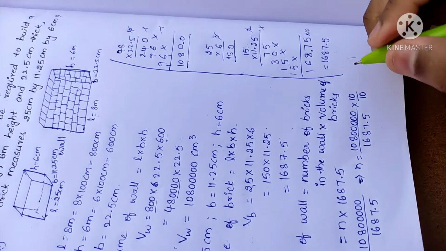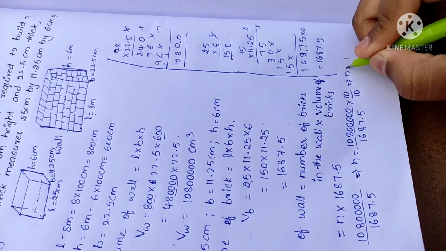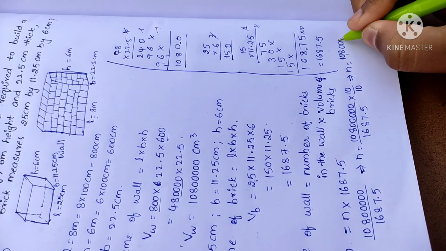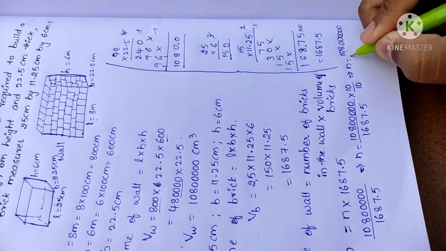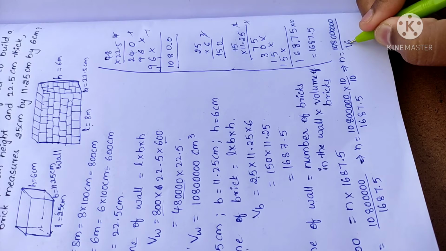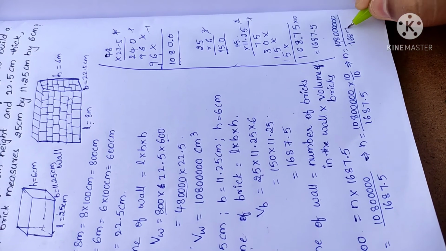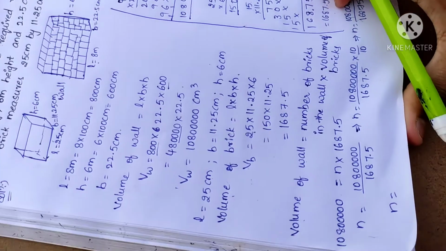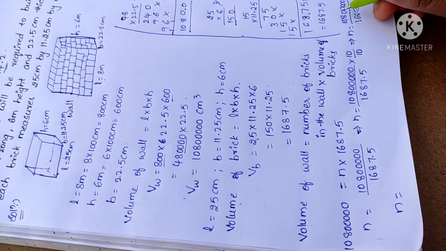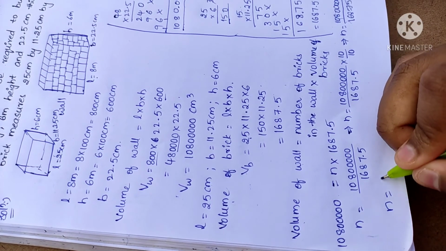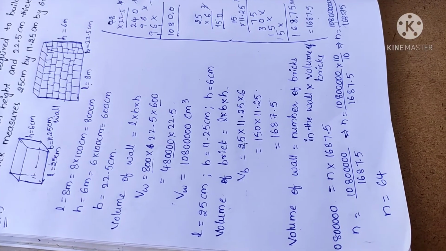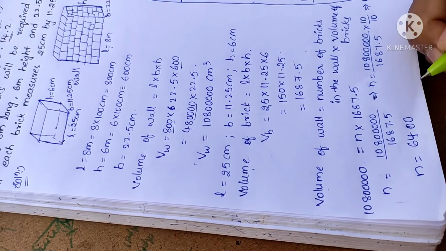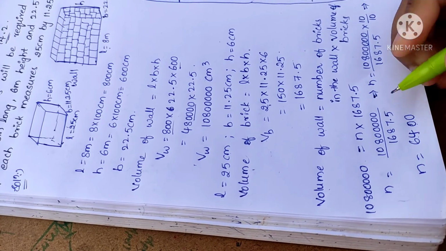So 1687.5, here we are multiplying with 10 in numerator and denominator. So we get 108,000,000 by 16875. By doing 108,000,000 by 16875, then we get 6400.